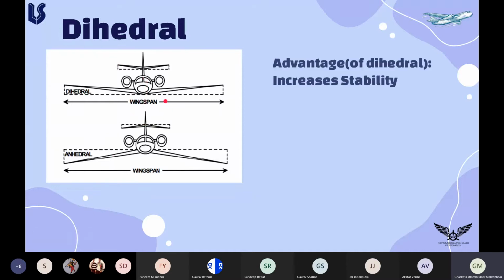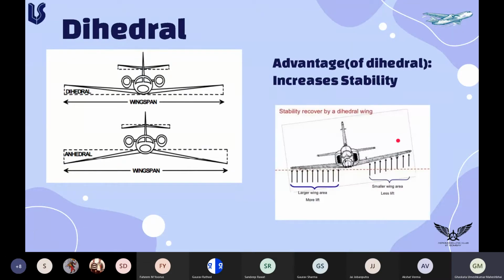So what are the advantages of this? It increases the stability of an aircraft. How does it increase the stability? Here you can see the airplane which is rolled positive, and for stability we want some negative roll. The projected area of this part is higher than this, so the lift generated by this part will be higher than this.